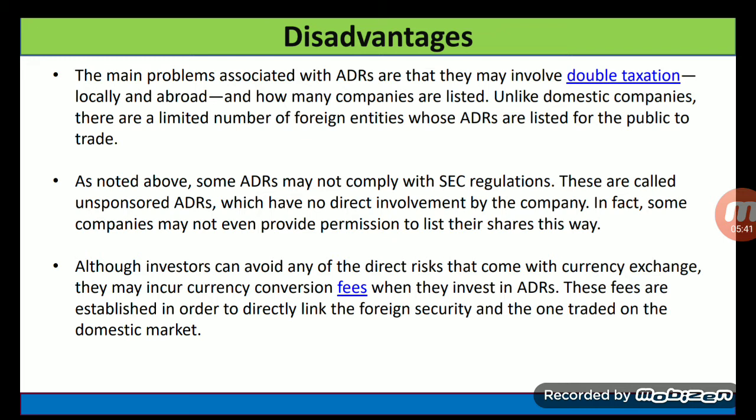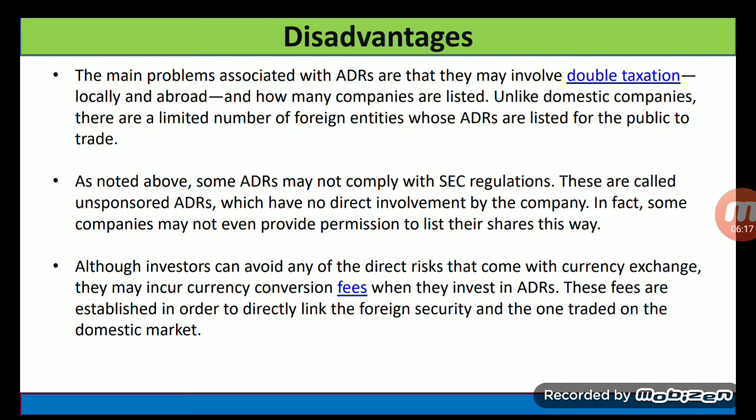Unsponsored ADR means the foreign company is not sponsoring; only a US bank or financial institution purchases foreign company stocks and converts them into ADR, that is, the financial institution or bank issues ADR on the basis of foreign shares it holds.